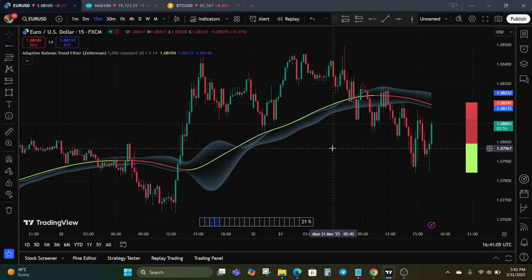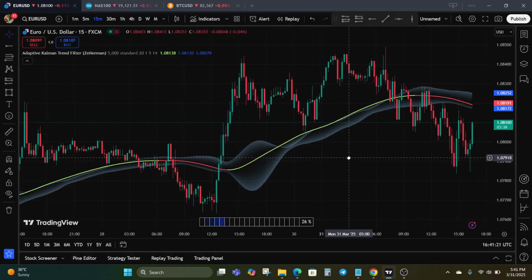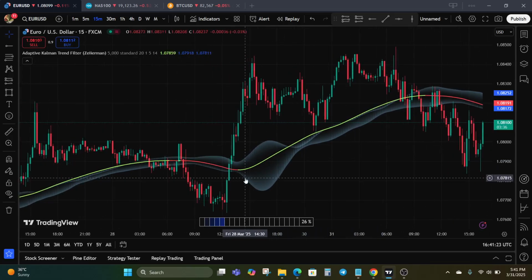Now, unlike standard moving averages, which apply the same smoothing to all market conditions, this filter adjusts in real time, responding faster when price trends strongly and slowing down when conditions are uncertain.